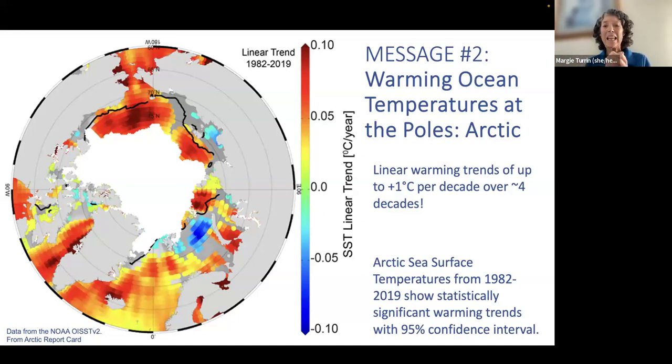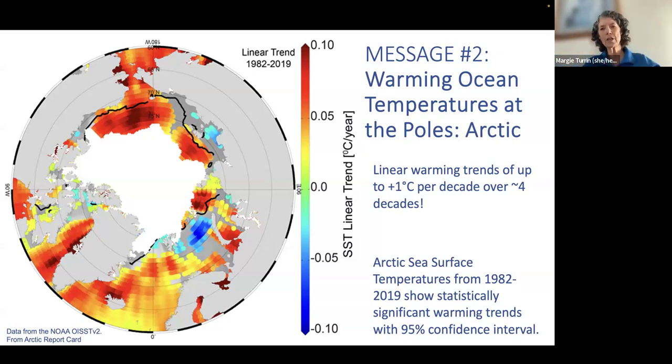And we've seen in the Arctic that this trend is a degree C of increase in temperature per decade over the last 4 decades. So that's 4 degrees. That's insane, right? And it's driving change not just in sea ice formation, but also, if you remember, in this evaporation transfer with the atmosphere.